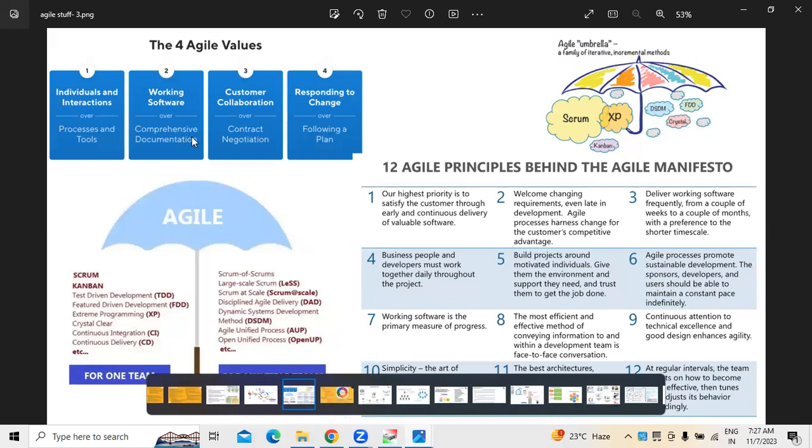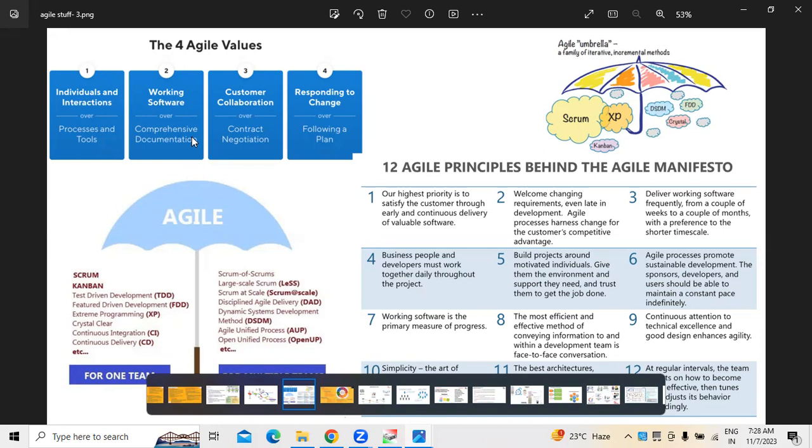Through interaction, we will be knowing many things. It's not in the documentation; we don't completely believe in documentation. There must be interaction among the team members, then only we get the right deliverables. That's what we strongly believe in. This is the first value system in agile. Point number one.